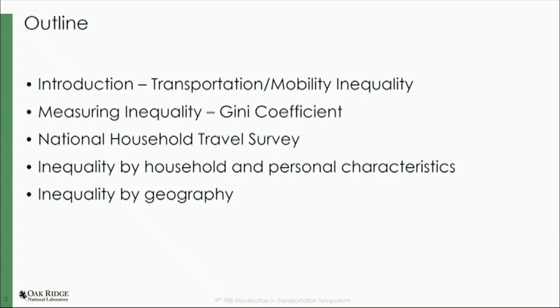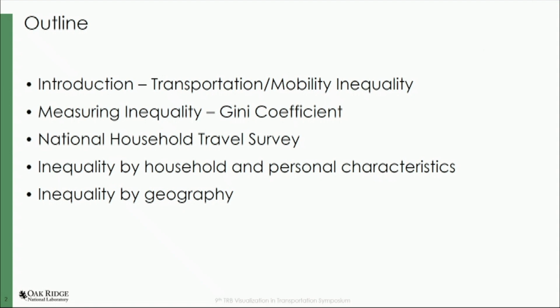So what I'll be talking about is, in general, an introduction of what people have been talking about or existing studies of inequality, and mostly I'll be talking about measuring inequality using the Gini Coefficient. It's a coefficient that's used primarily for looking at income inequality in the world.